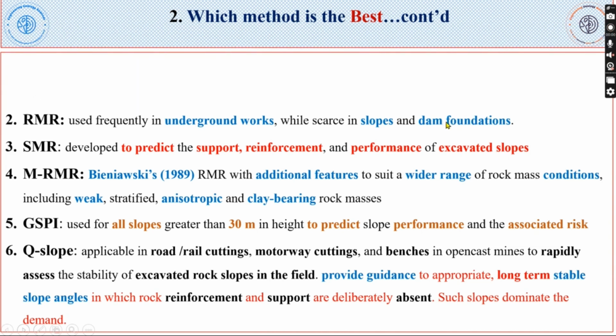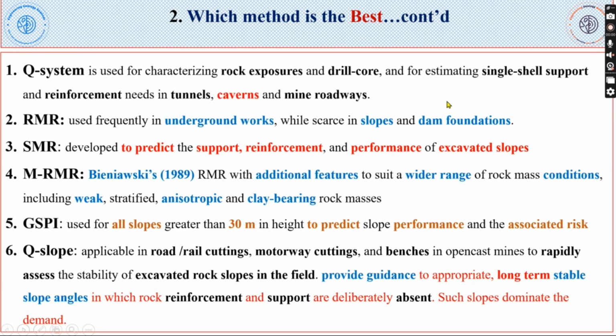The limitations of these two methods, the Q system and rock mass rating, is that they are not effective when dealing with overstressed rocks, with problems like rock bursting, squeezing, and swelling rocks, and when dealing with faults and weak zones.